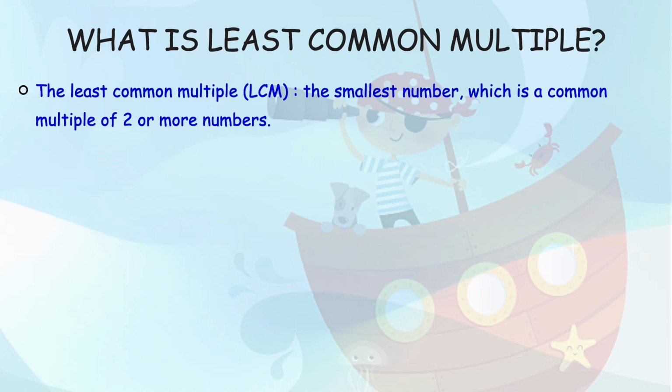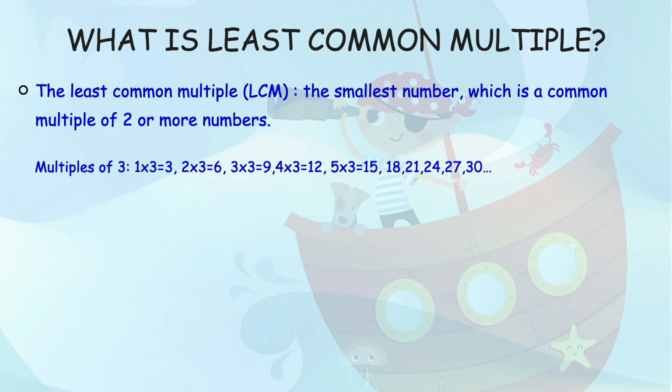The least common multiple is the smallest number that appears in the multiples of 2 or more numbers. For example, the multiples of 3 can be written as 1 multiplied by 3, 2 multiplied by 3, 3 multiplied by 3, 4 multiplied by 3, and so on.